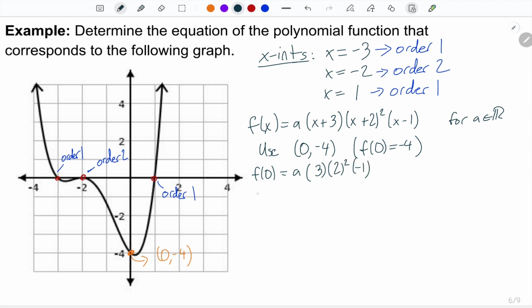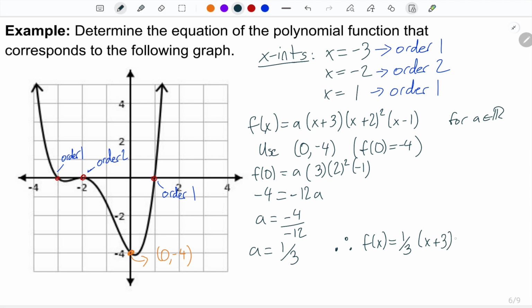Well, we know that what that is equal to, that is equal to -4. 3 times 2 squared is 3 times 4, 12. So it's actually going to be -12a. And just divide by -12, so a is equal to -4 over -12, and make sure to reduce and simplify. That's the same as 1/3. So therefore f of x is equal to 1/3 (x plus 3)(x plus 2) squared (x minus 1).